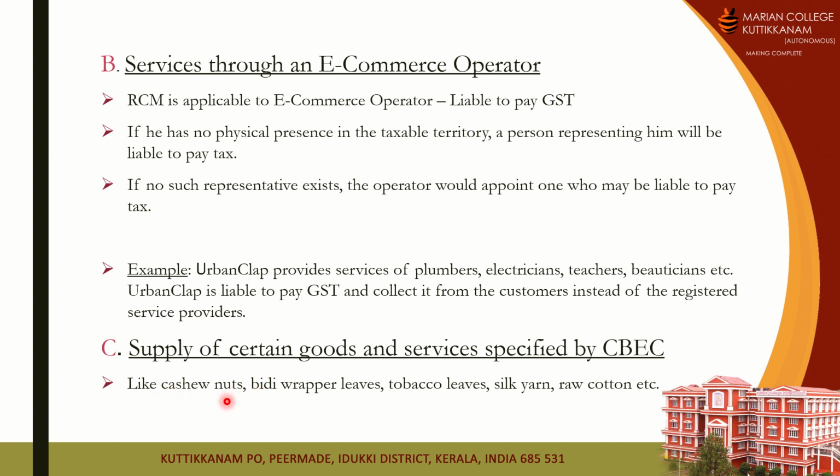The products or goods include cashew nuts, bidi wrapper leaves, tobacco leaves, silk yarn, raw cotton, etc. There is a lengthy list of these certain goods and services specified by the Central Board of Indirect Taxes. Okay, so these are the main three situations where reverse charge mechanism is applicable. I hope you got an idea about it.